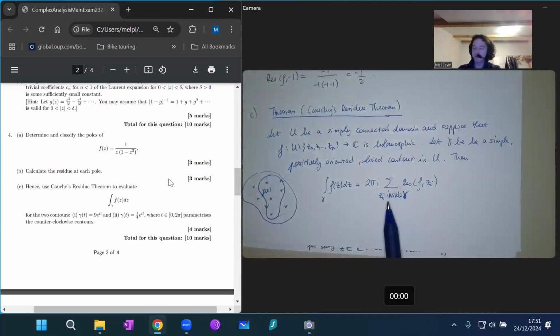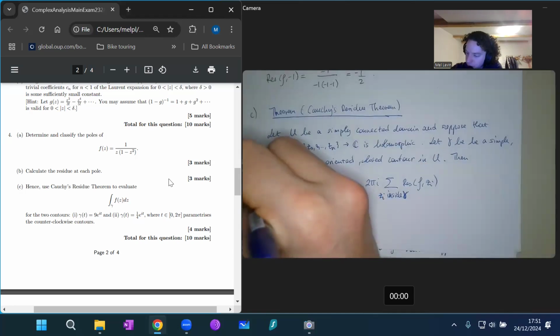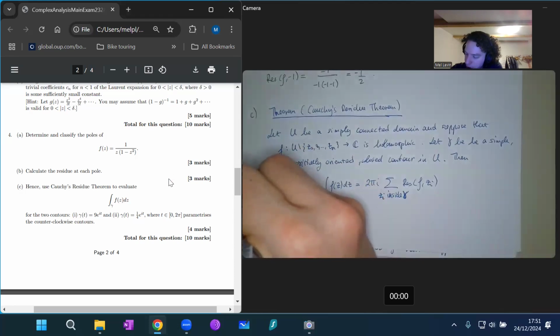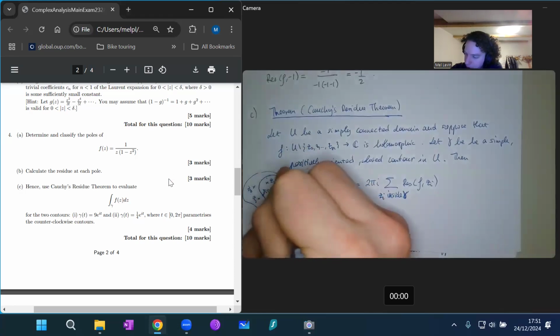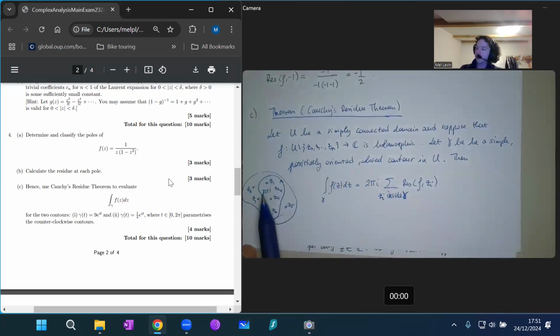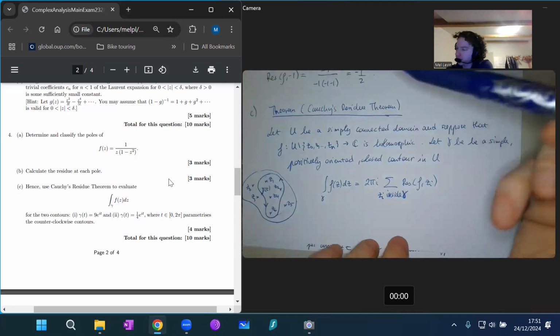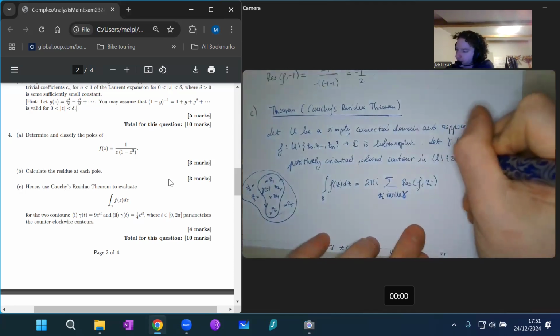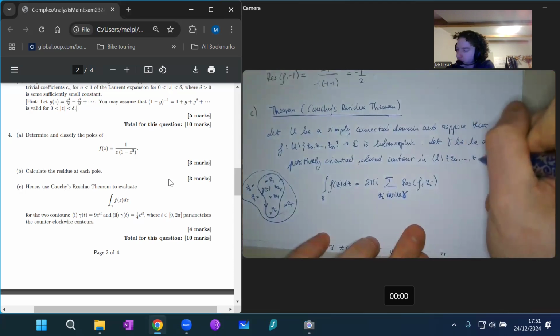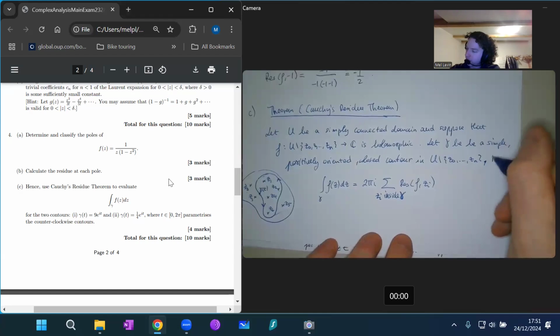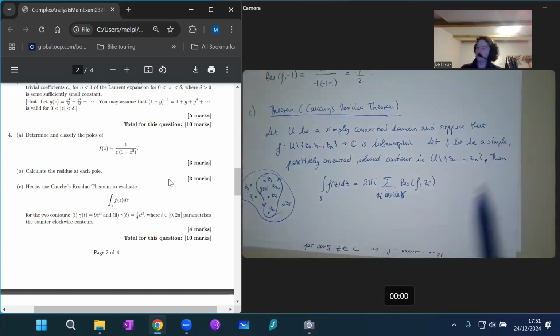This is not very formal, but if I label my z's here, z0, z2, z3, z4, z5, z6, then I should say that this contour should not go through the singularities, though it shouldn't be a problem in anything that we do here.